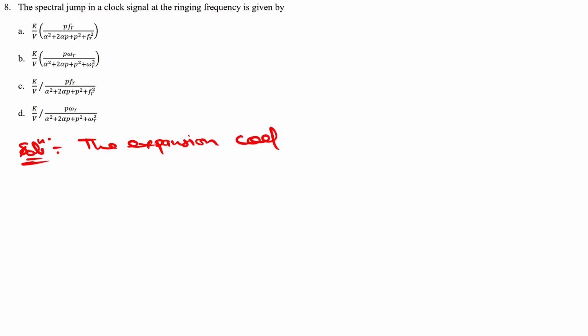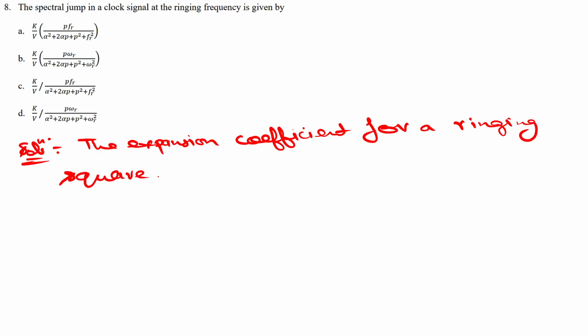I'm not giving you the derivation here, I'm just directly writing the result.